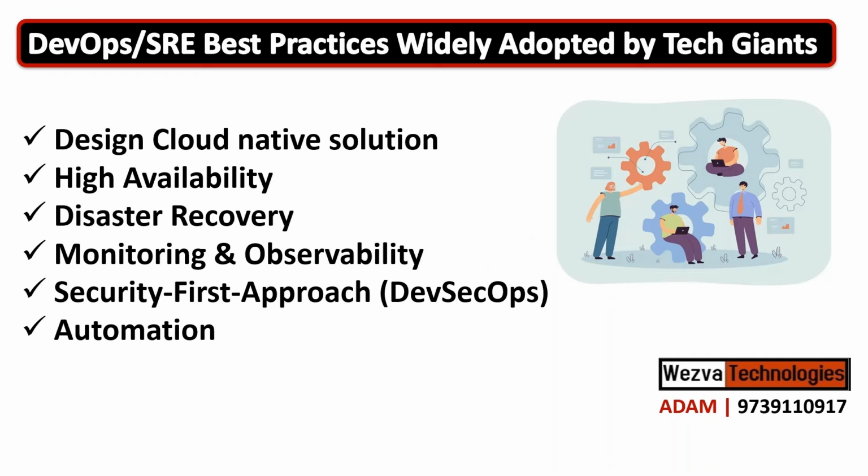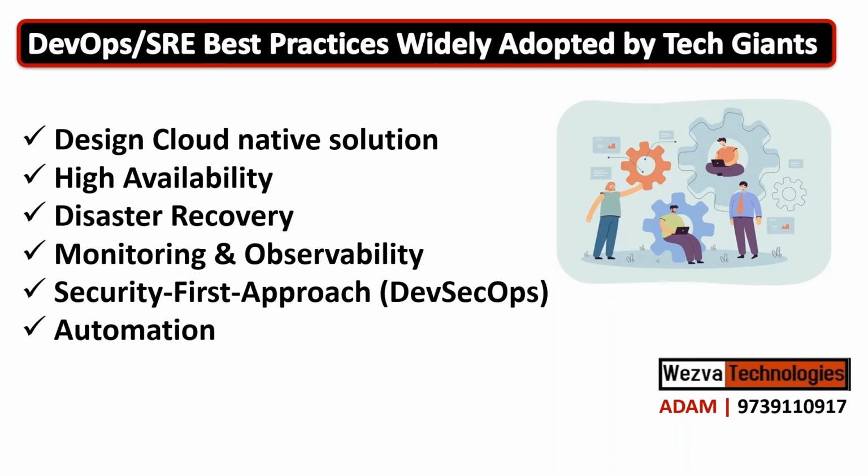Then disaster recovery. Again, in simple words, what is disaster recovery? You might all have heard about the recent outage in AWS, right? We don't have to worry about what happened and what AWS fixed, but if an outage happens on AWS, it's going to be an impact for the business. So if your company is using AWS and running some applications and customers are using it, and an outage happens in AWS, how are you going to make sure that the impact is not on the customers?